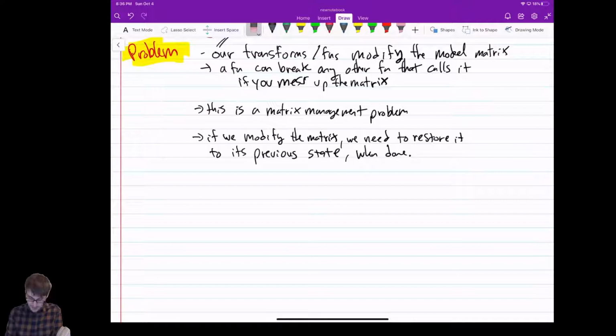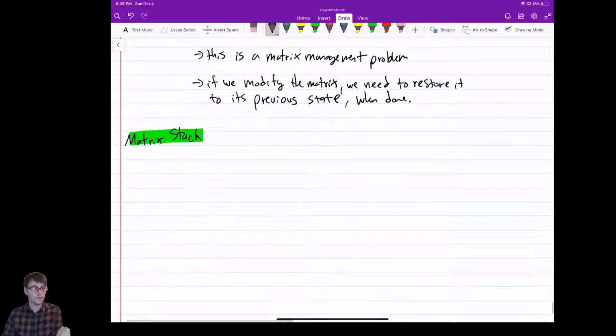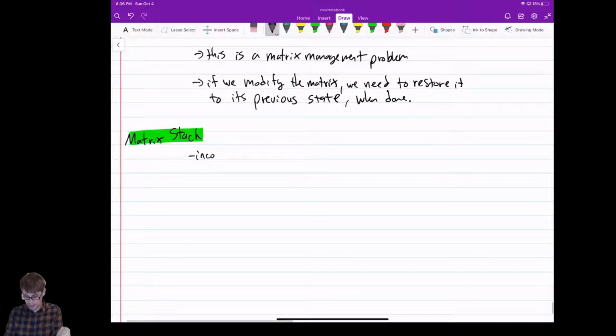And this is a matrix stack. We use a matrix stack to solve this problem. So we incorporate a stack, so we can save and reload our matrix.